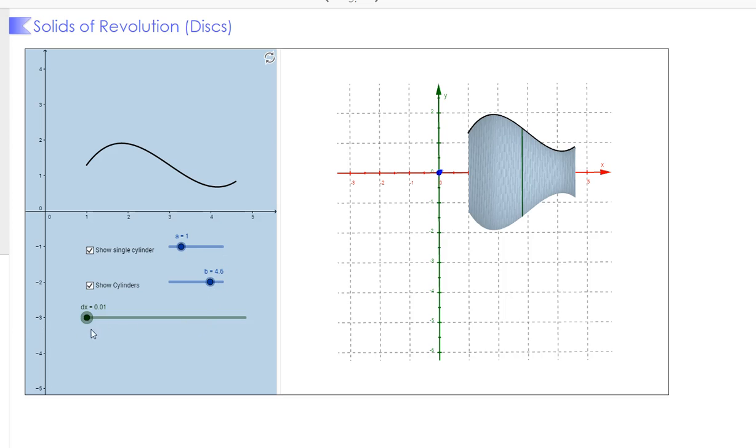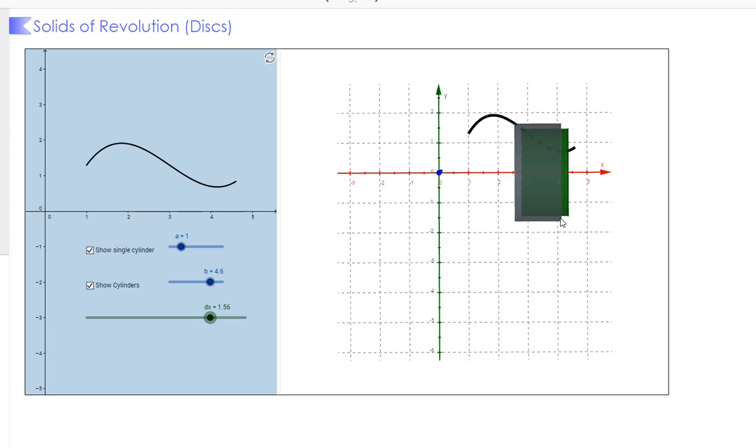Now down the bottom of the screen, the left hand side of the screen, we have a slider. In this case it's got delta x equals 0.01. Delta x is the actual height of the cylinders. So by sliding this along, here we have virtually one cylinder.